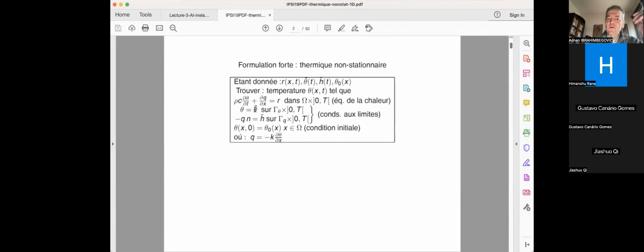All these conditions, theta equal to theta bar, have to be defined on gamma theta, where the imposed temperature has to be at least one point, so I can have a unique solution.